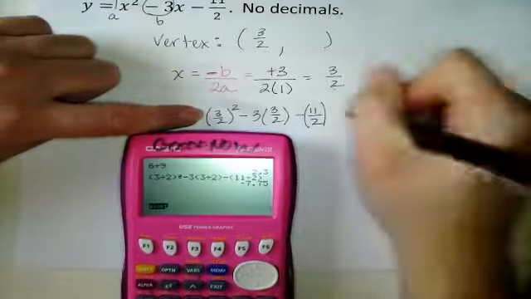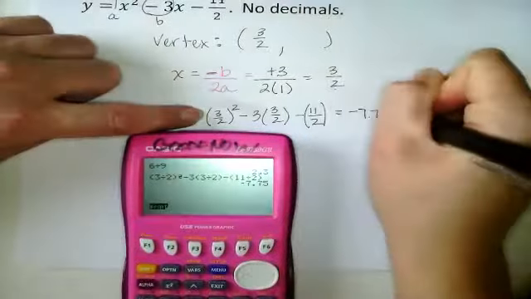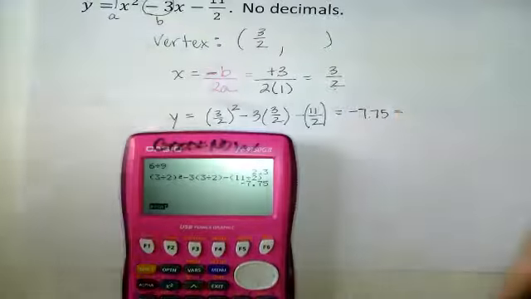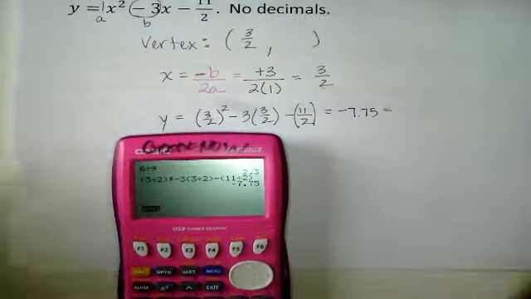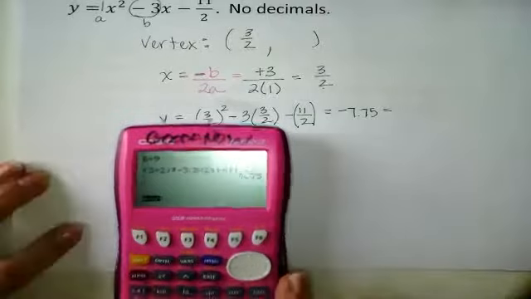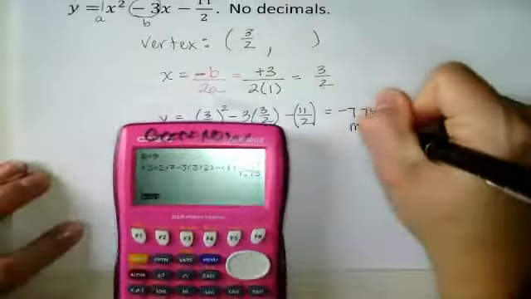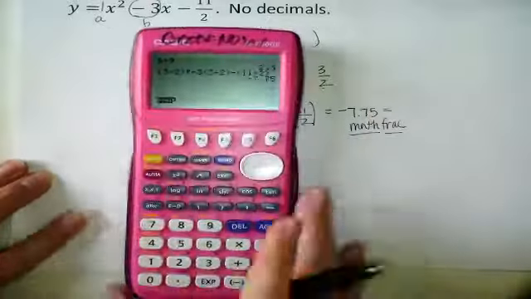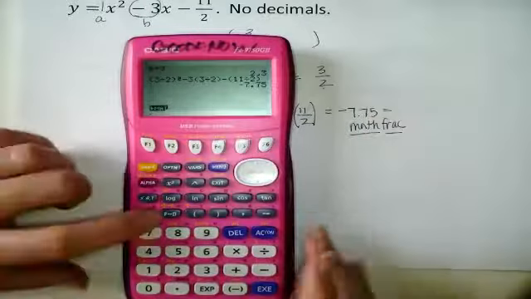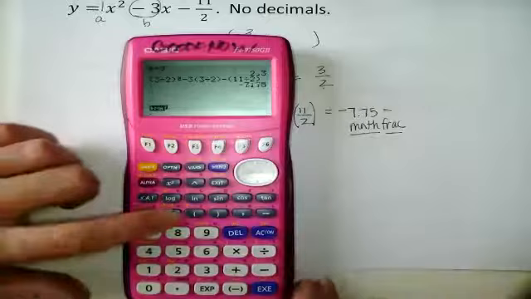So we get, again, negative 7.75, but they didn't want any decimals. I think on the IXL it said reduced fractions. So we can convert. So math frac it. Or if you have the Casio, you can use the FD or SD button.